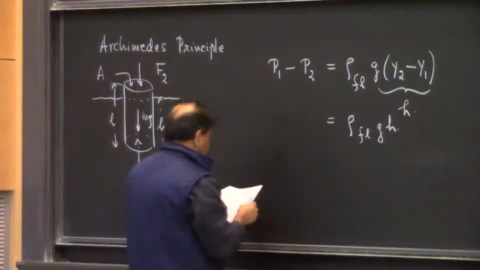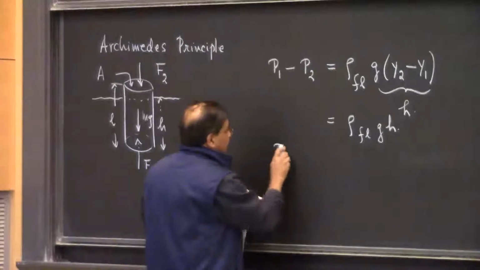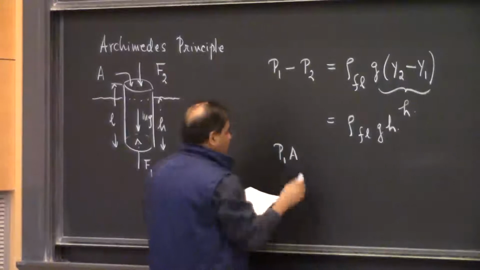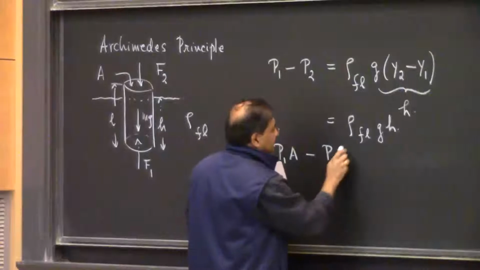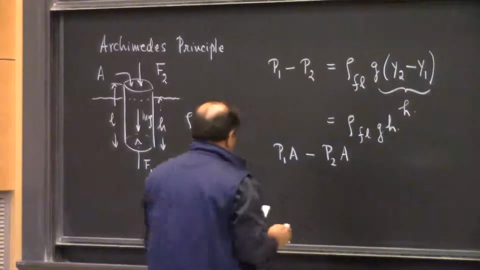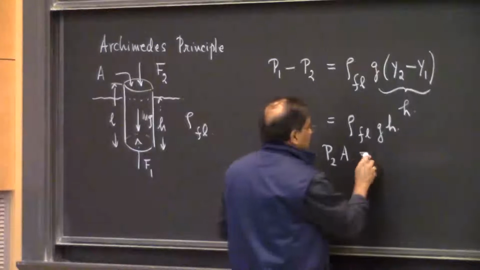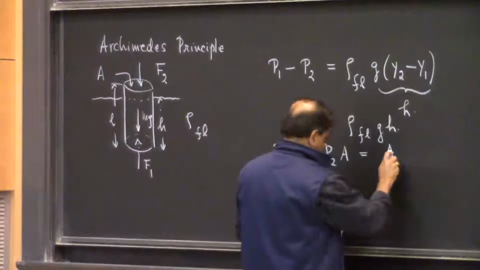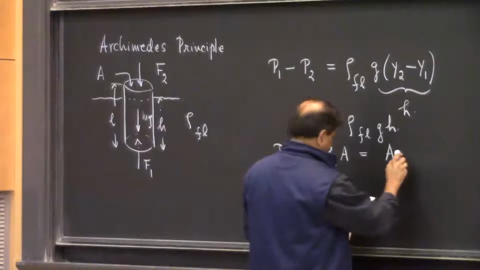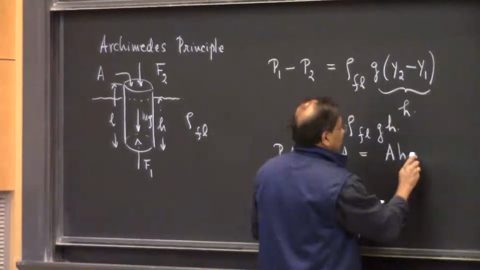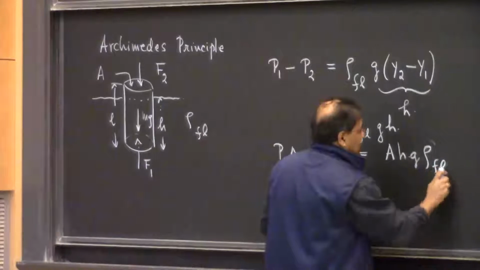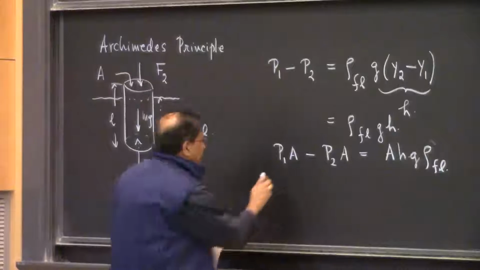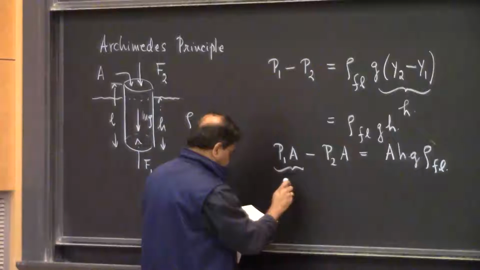So we should then be able to write P1A, which is like an upward force F1, minus P2A, is equal to multiplying through by A times H times G times rho fluid. And so this one would be the upward force, F1.